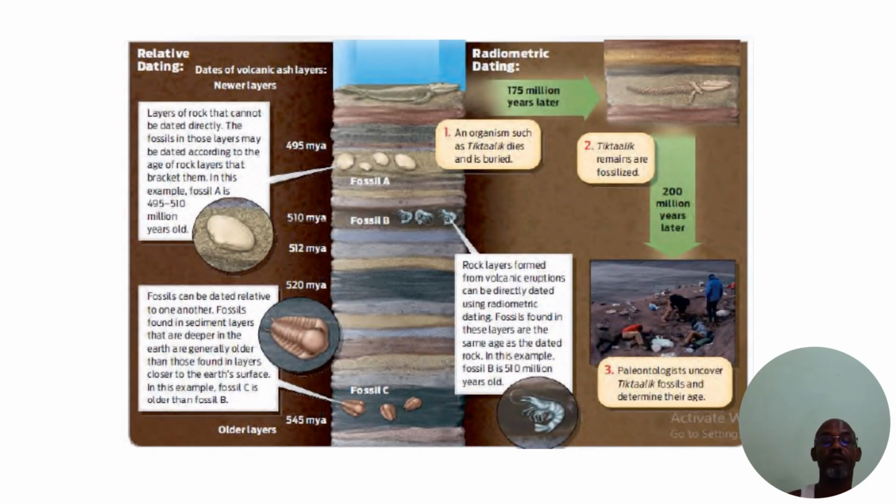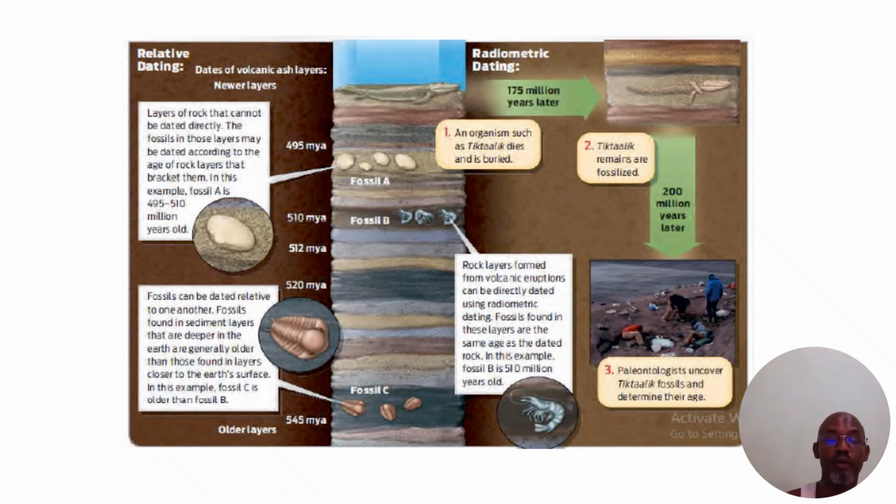You can see here, if this is a layer of earth dug down, the top layer and the bottom layer, you can see different strata. Stratigraphy means these layers of sedimentary rocks. Each layer contains its own fossils.